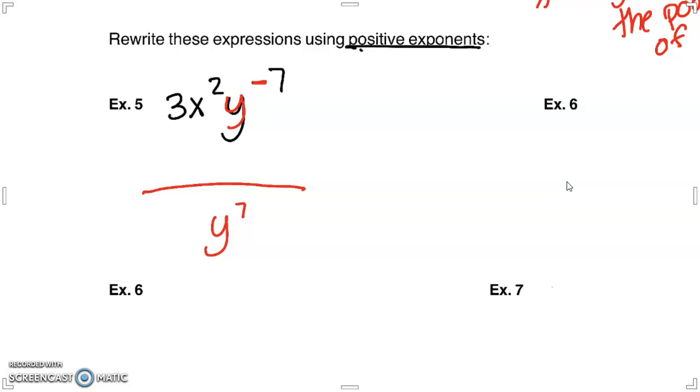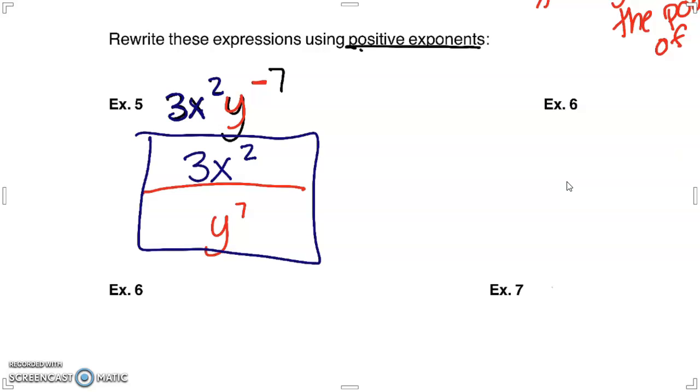The negative is now gone. The negative was replaced by that bar. The negative sign creates the fraction bar. What goes on top? That's it. That's your answer. Everything is positive. That's it. That's your answer.